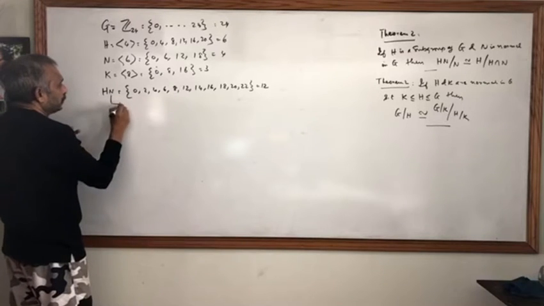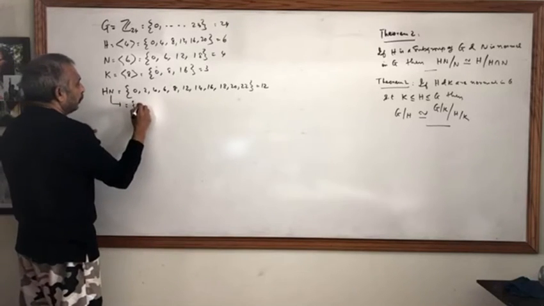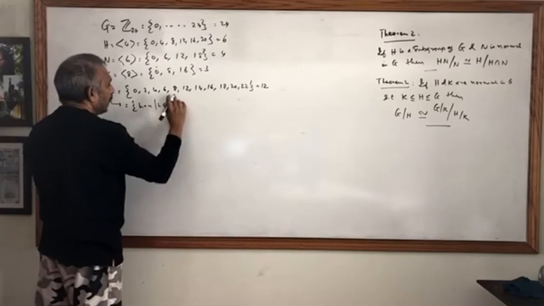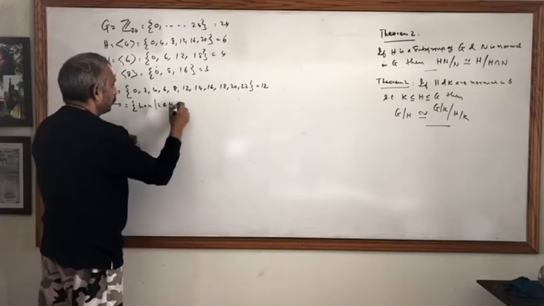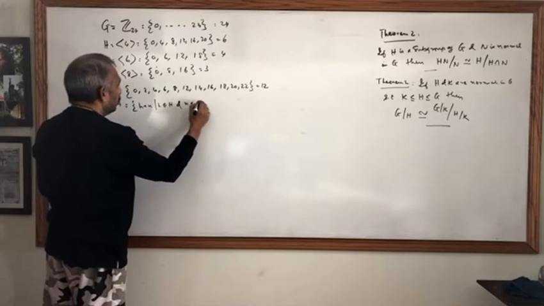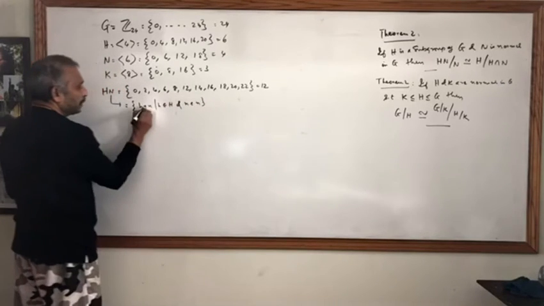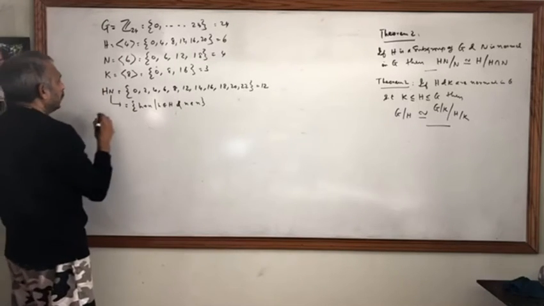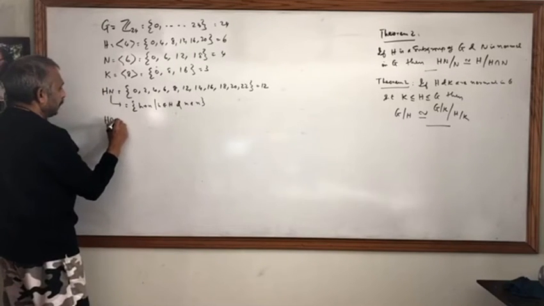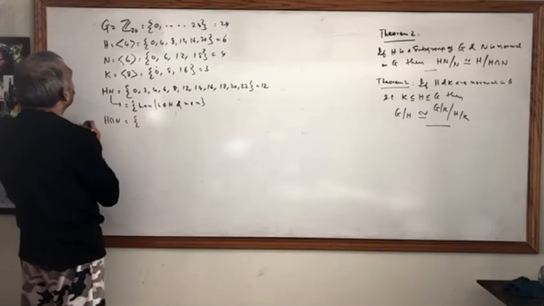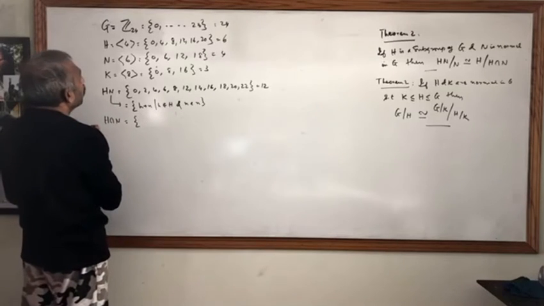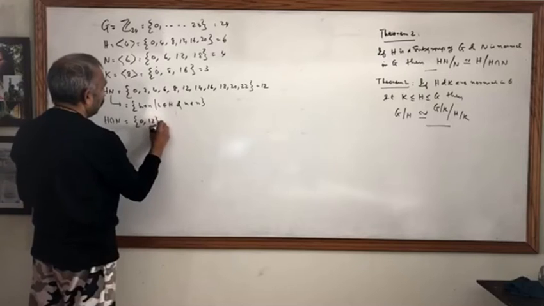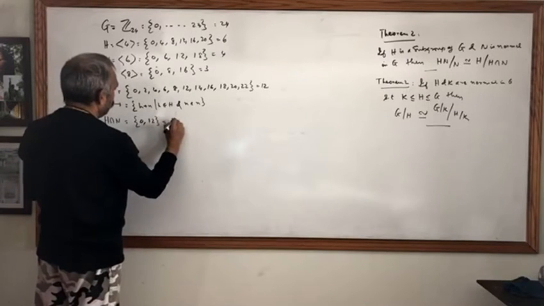The definition of this is actually h plus n, where h belongs to H and n belongs to N. The operation here is plus. And H intersection N is going to be 0 and 12. There are 2 elements.